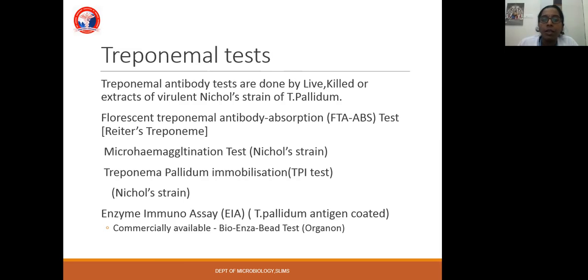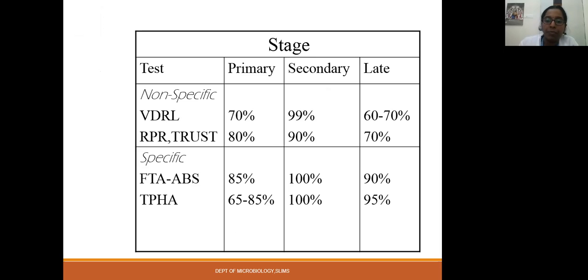For FTA-ABS, the fluorescent Treponema pallidum antibody absorption test, we use the Reiter's Treponema. For the microagglutination test, we use the Nichols strain. For Treponema pallidum immobilization, we also use the Nichols strain. There are also some ELISA kits which are available, so we can also use that, the enzyme immunoassay.